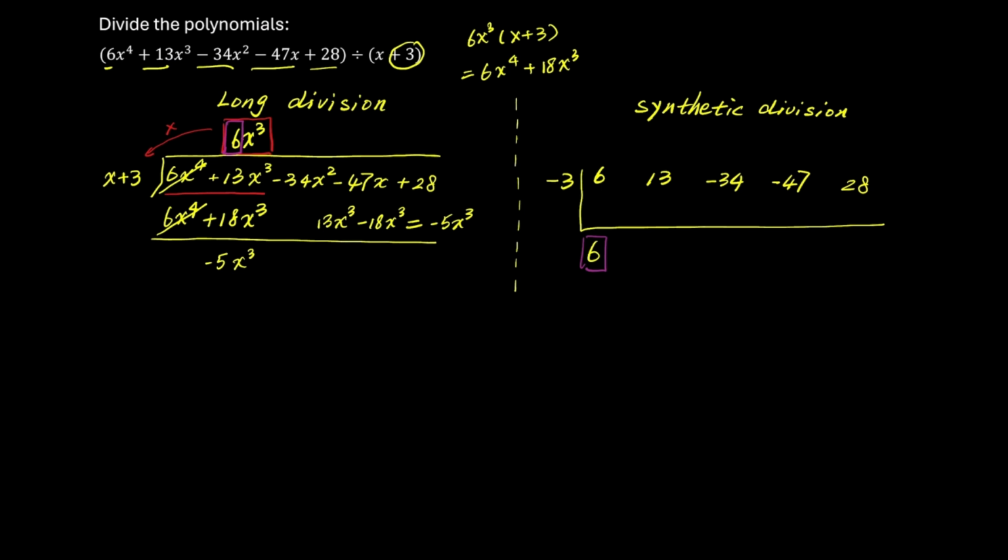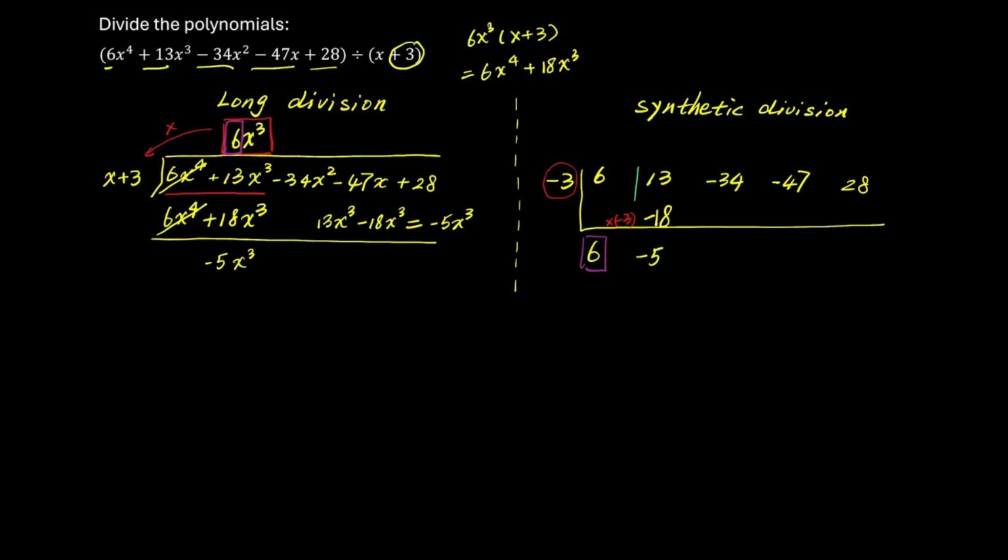So next up, we multiply this 6 by this negative 3. This gives us negative 18. Then we simply add the second coefficient and negative 18.